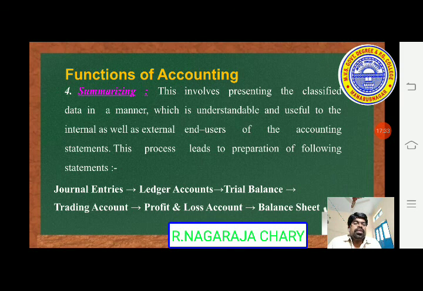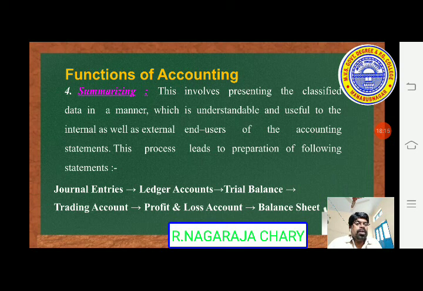The first step is recording, the next step is classifying, and the next one is summarizing. According to the requirement of internal users and external users, we have to summarize. This process leads to preparing the journal and the final accounts.